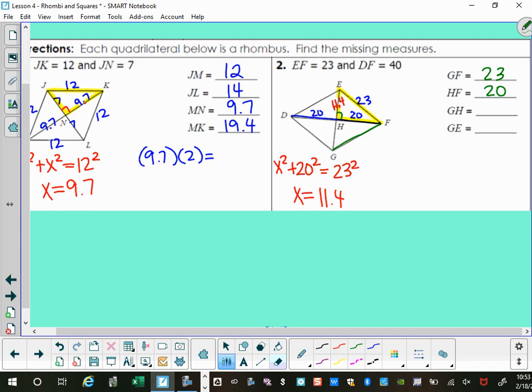It's one side of the diagonal. 11.4. And then what about GE? The whole entire diagonal. 11.4 plus 11.4? 22.8. All right, the sides are typically pretty easy.